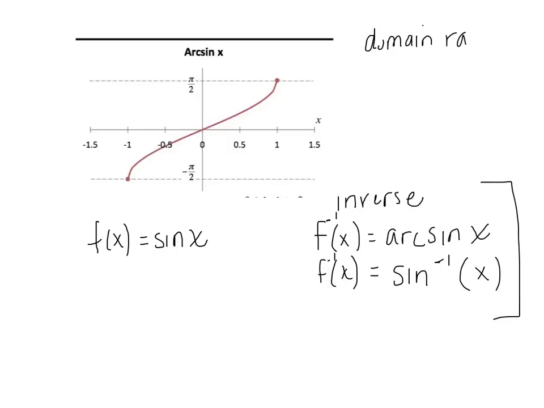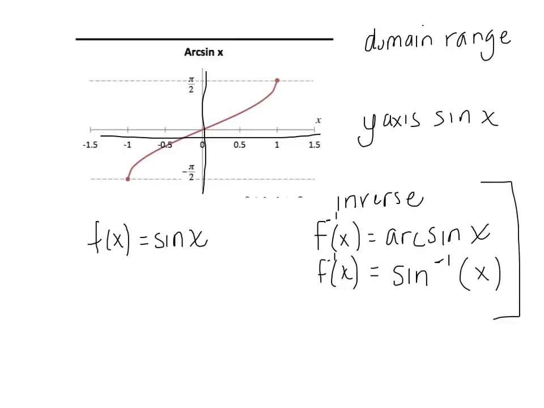So you notice that on the sine function, this right here was the y-axis, and this was the x-axis of the sine function. Okay, and so for arcsine, we've switched those two, and so now the x of the sine is the y of the arcsine, and that's why this is an inverse of the other.